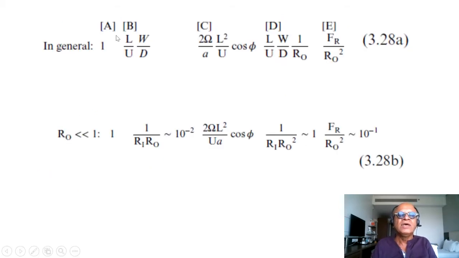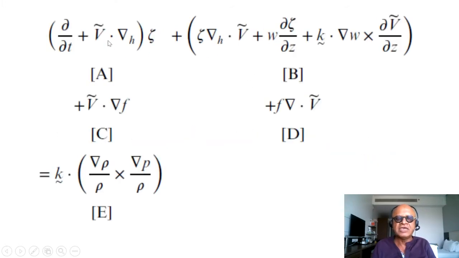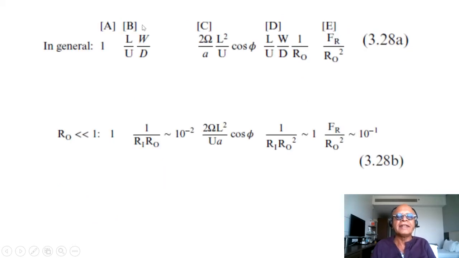Okay, in general, taking these terms, we are going to scale them. The vorticity term here is order 1, and the other terms are scaled in terms of horizontal and vertical motions and spatial scales of motions, along with the rotational terms. Rossby number obviously comes in, Froude number comes in, and for Rossby number much less than 1, the extratropical system, we still have the vorticity term being 1.